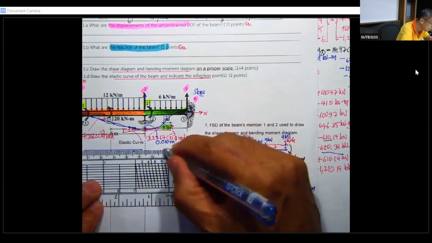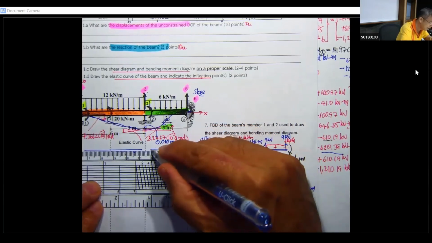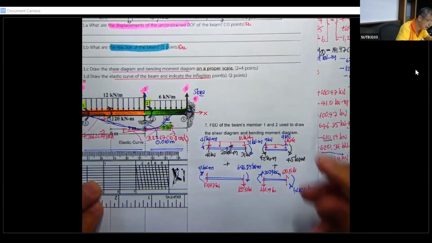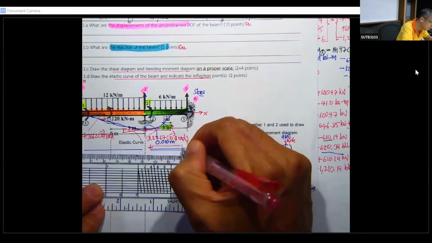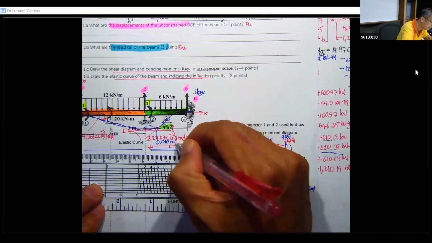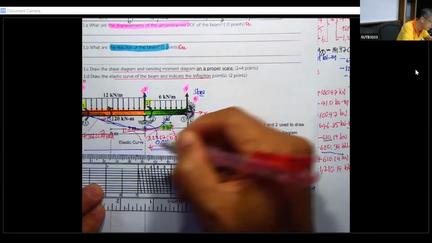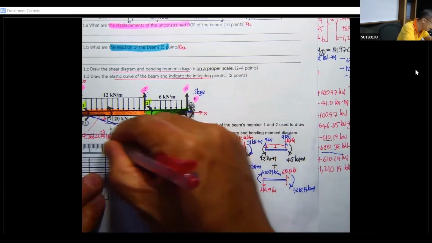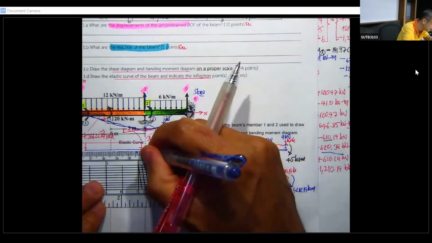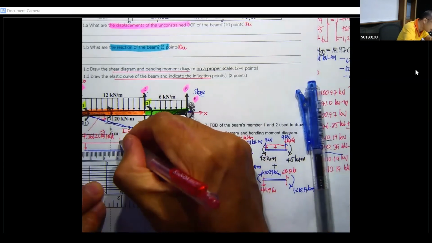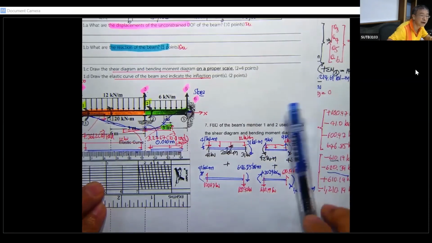And then you have to combine it, and let me put this member onto this one in order for me to draw it a little bit easier. And when you combine it, don't forget to bring the load over here, 6 kilonewton per meter, and this one is going to be 12 kilonewton per meter.